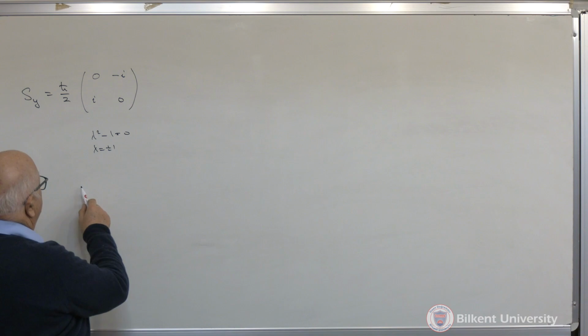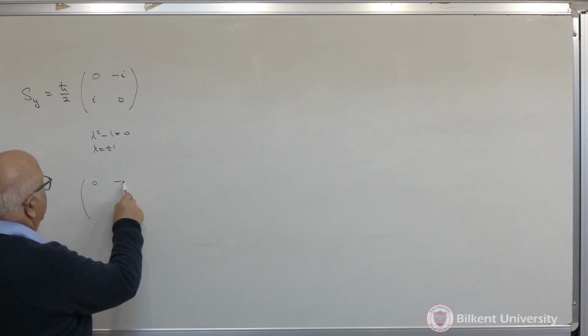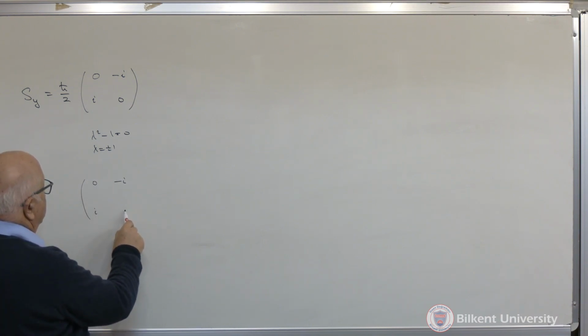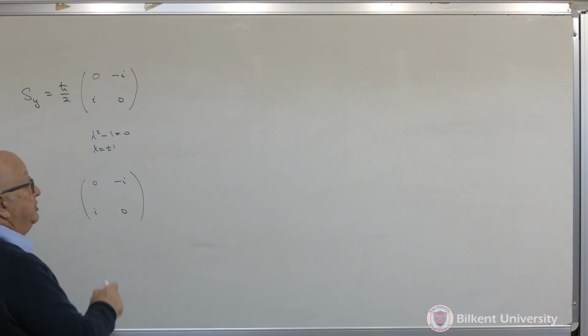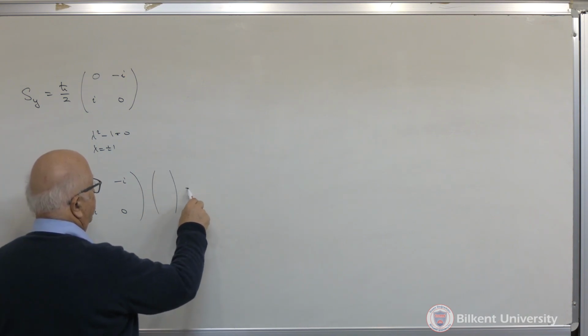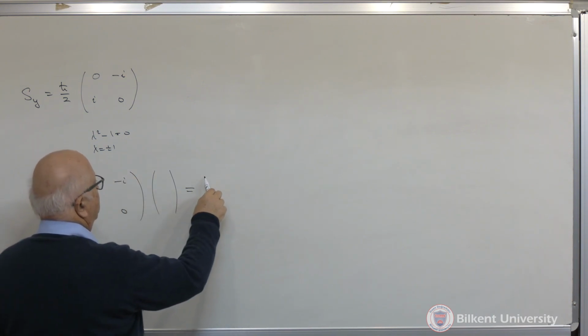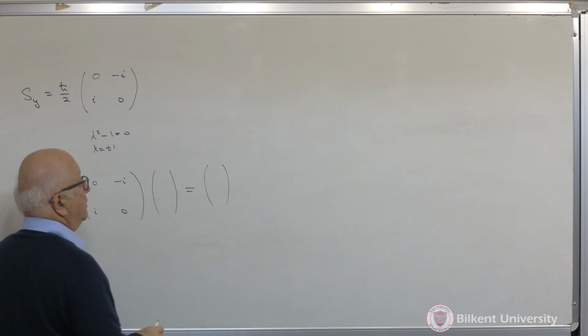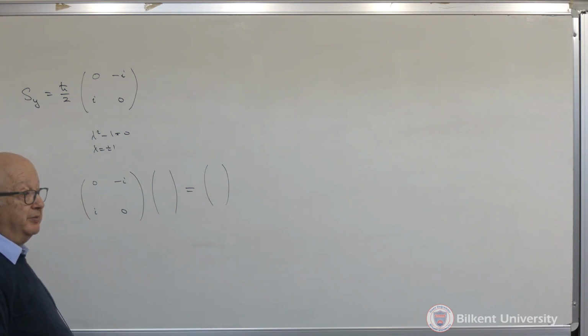So I have this 0 minus i, i 0, nice Hermitian matrix, multiplied by something which is going to give me 1. Let's look at that eigenvalue first, times the same thing. So what is that?